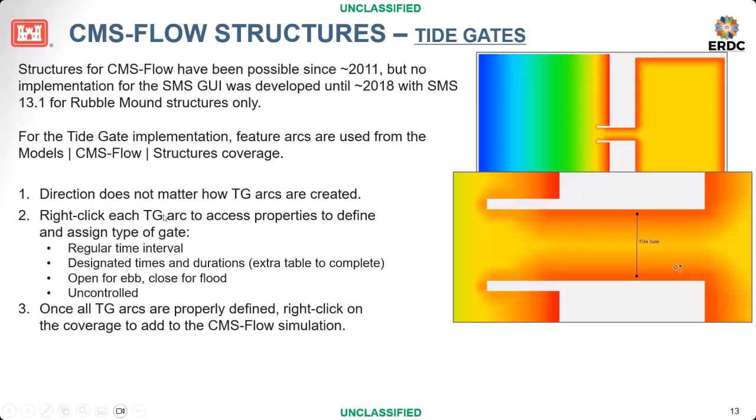So I know that at 3 different times over this week period, this tide gate was opened and then shut, and you can mimic or reproduce that exactly as you need with designated times. You can also turn on an open for ebb and close for flood option. And that does take into account which side is the seaside or bayside.